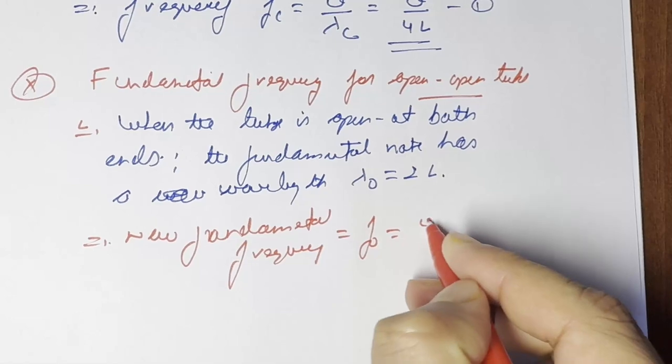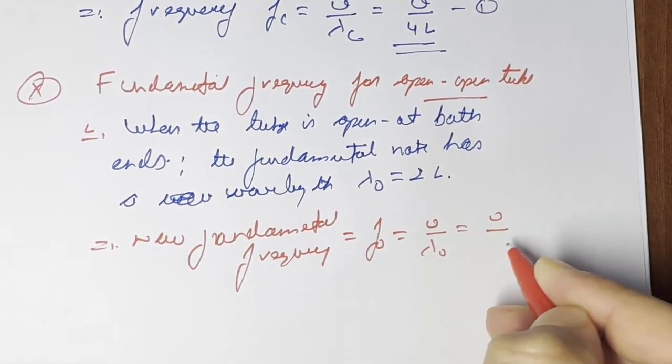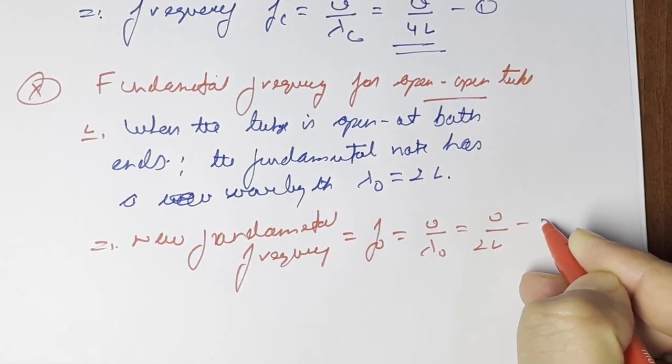F naught will be equal to V divided by lambda naught. Lambda naught is equal to 2L, so we get V upon 2L. Let this be equation number 2.